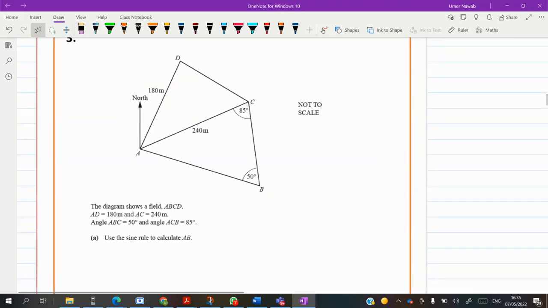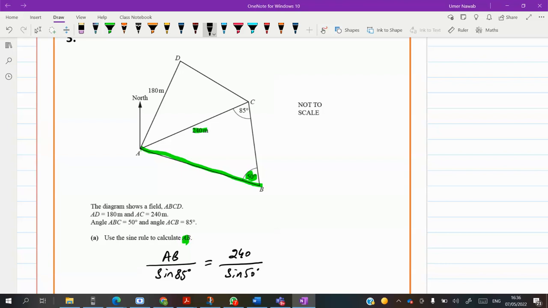Next question, he said use the sine rule to find AB. So this pair is complete. We want to find AB. So AB over sine of 85 equals 240 over sine of 50.